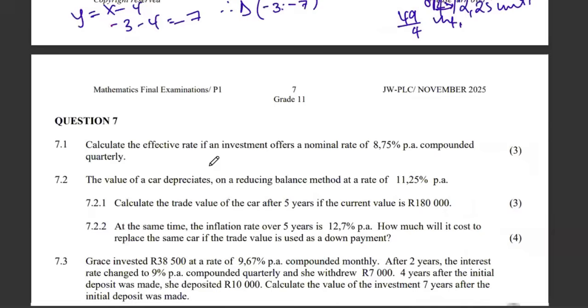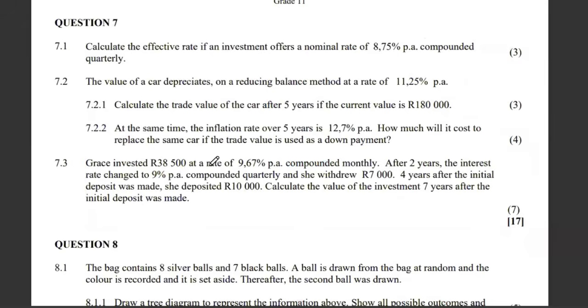Then question number 7. They want us to get the effective rate of interest of an investment that offers 8.75% compounded quarterly. So we know from our formula that 1 plus i effective is equivalent to 1 plus i nominal over n, to the exponent of n.